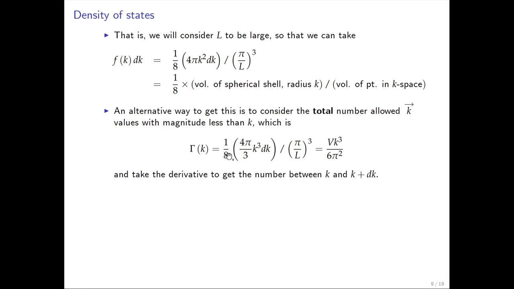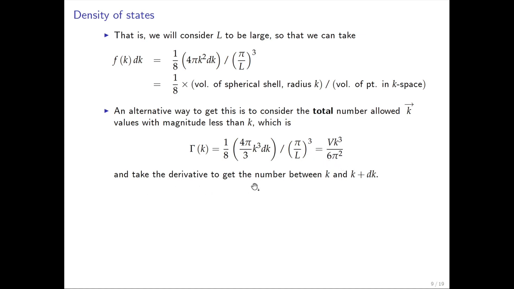So that's just 1/8 again times the volume of the sphere, 4/3 pi k cubed dk. So that's the volume, and then we divide again by the volume of a single point in k-space, and that gives us the total number of points in that quadrant. And it has this formula. And of course the volume is L cubed here.